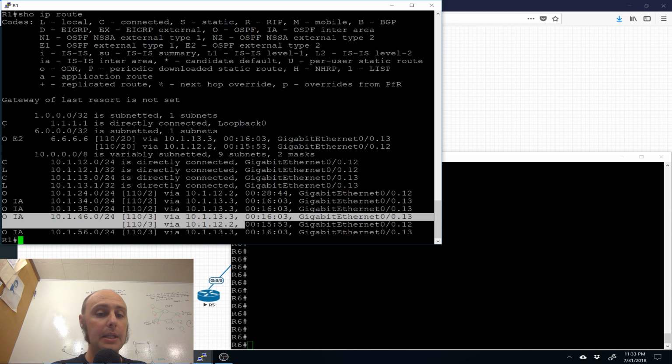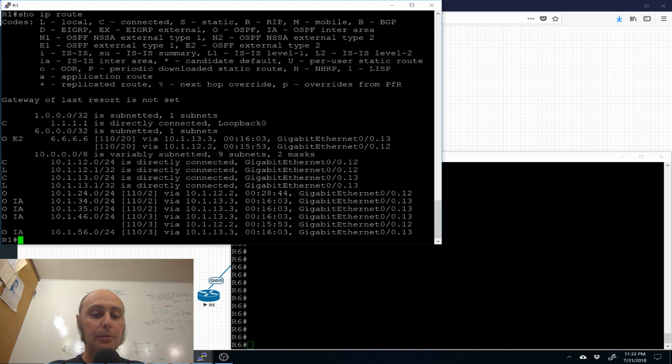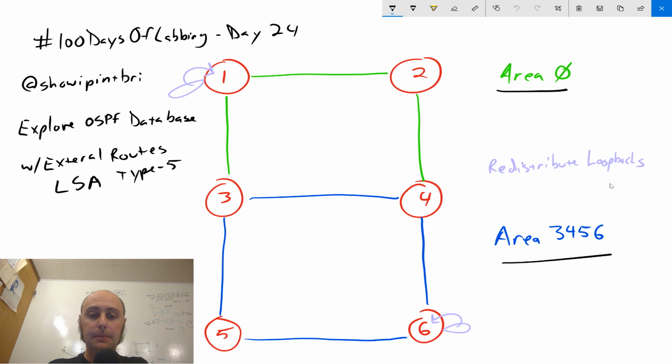Okay, and again we're here on router 1, so we're at the top leftmost portion of the topology, and our next hop is router 2 and router 3, and this network is 4.6 and equal cost. So let's bring up the whiteboard. Here's our 4.6 link.